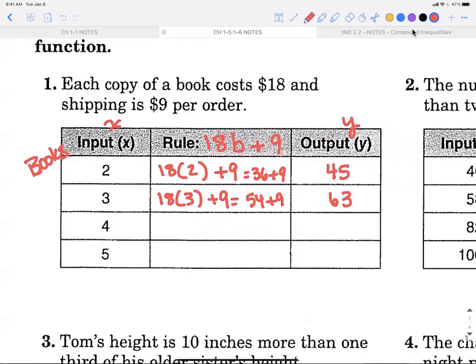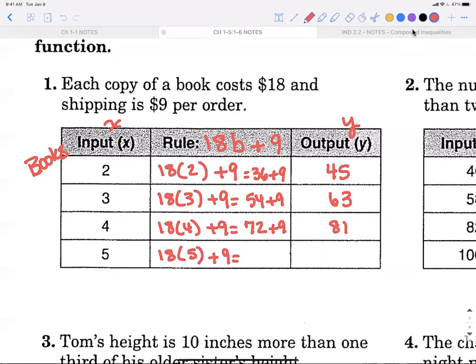And then I'm going to keep going with my input. So I'm going to input a 4 in place of the B for books, plus 9. And 18 times 4 is 72, plus 9 is 81. And then on that final line, I'm going to put a 5 in for the number of books bought, plus that $9 shipping.